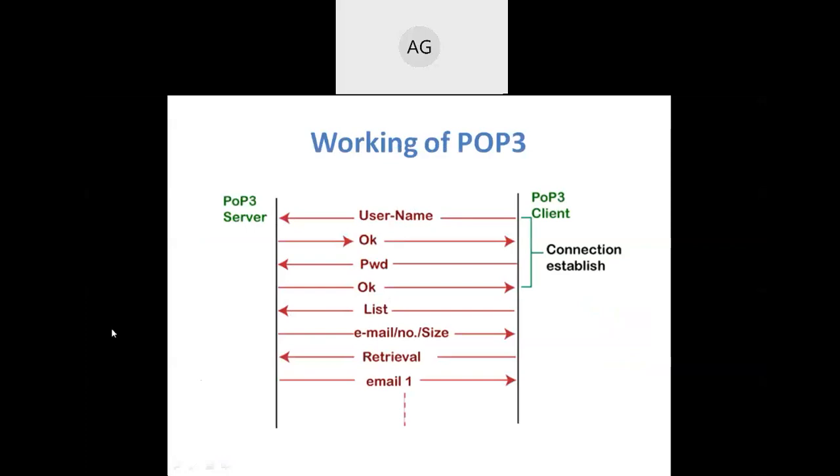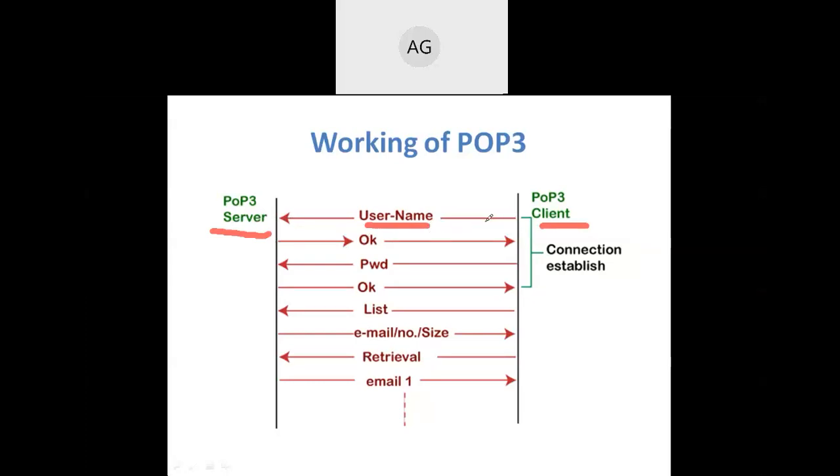Now the working of this POP 3 protocol. This has been discussed in the timeline. So here we have two components. One is the POP 3 server and the other is the POP 3 client. So just remember this diagram. In the first case, the POP 3 server needs the username from the POP 3 client.